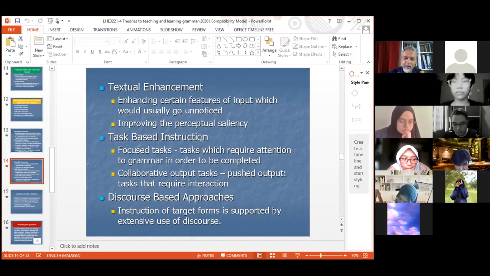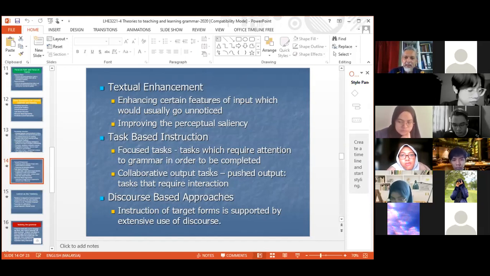And you as a teacher must ensure that as they form these questions, they are using the grammar point that you want them to learn. Okay, so this is basically what focused tasks emphasize. Tasks which require attention to grammar in order to be completed.